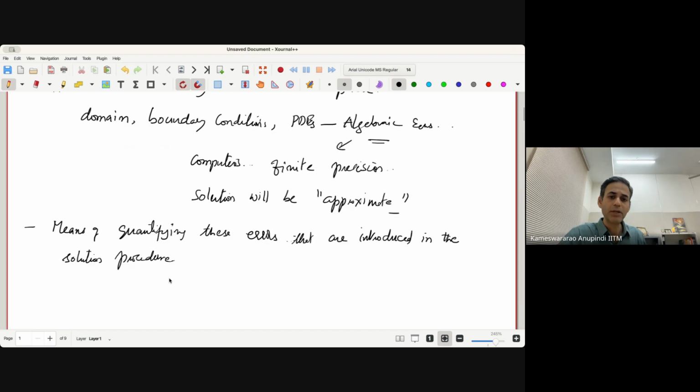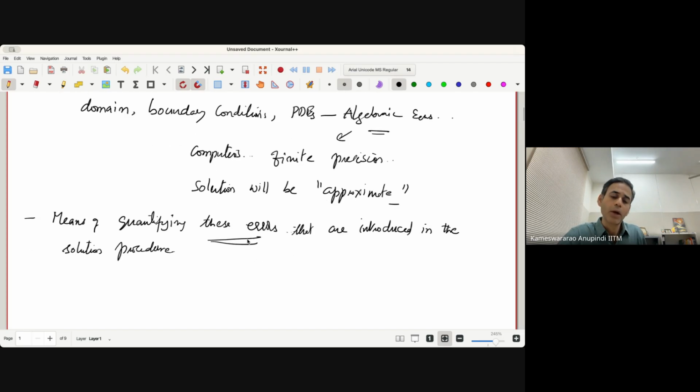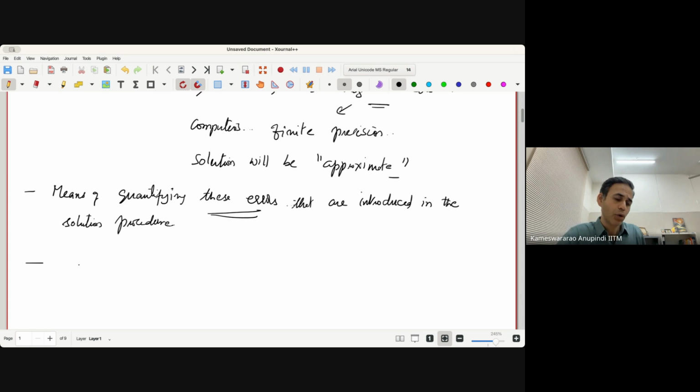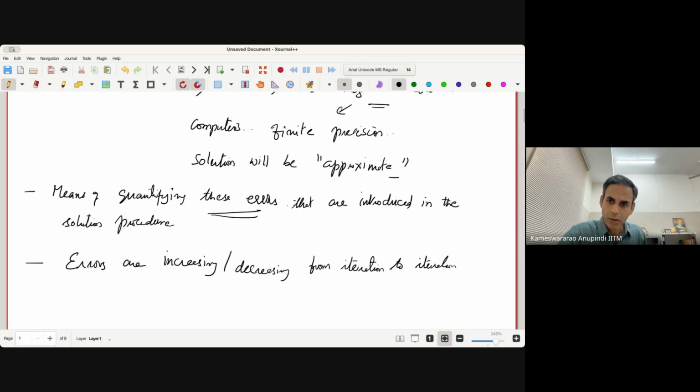So we're going to look at how to quantify these errors, or how to identify them, and then we should also know whether these errors are increasing or decreasing from iteration to iteration, or from time step to time step.